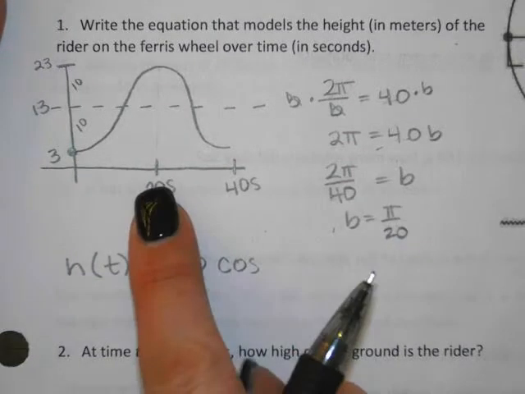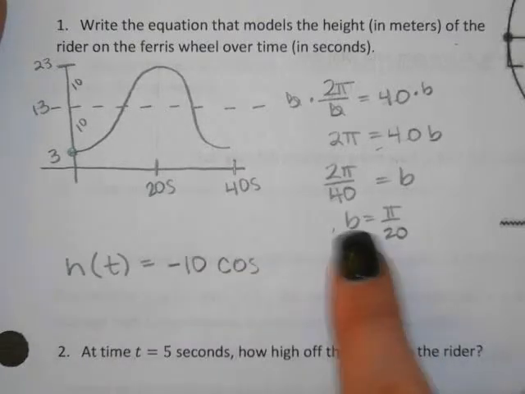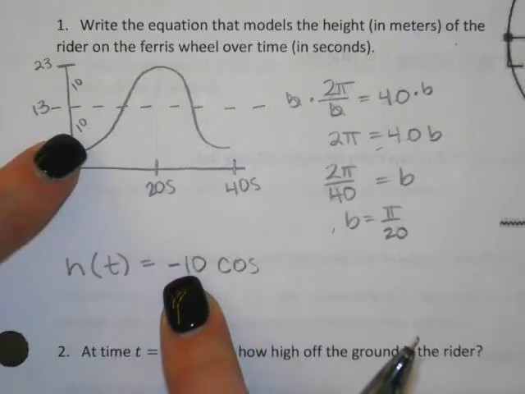I wrote down the halfway point and it threw me off. No, the 20 is part of the b value. So this is the amplitude. We still have the right amplitude.